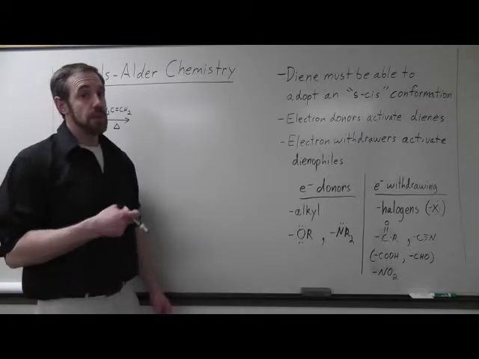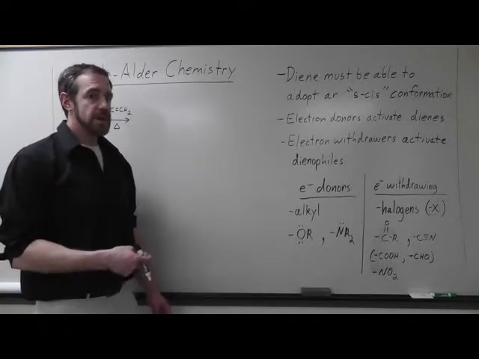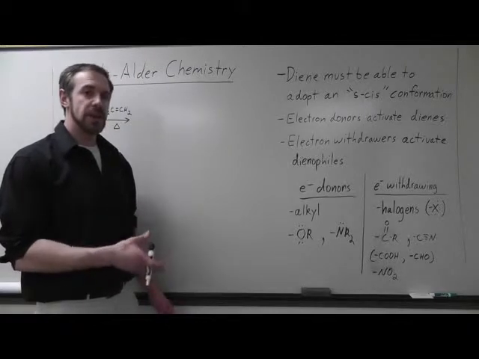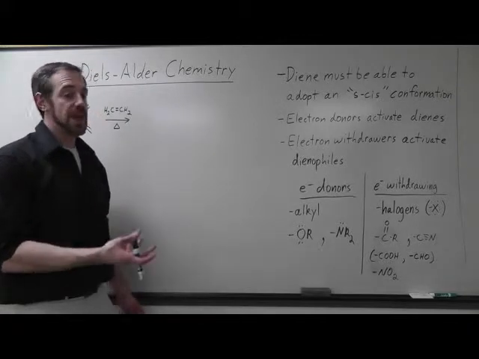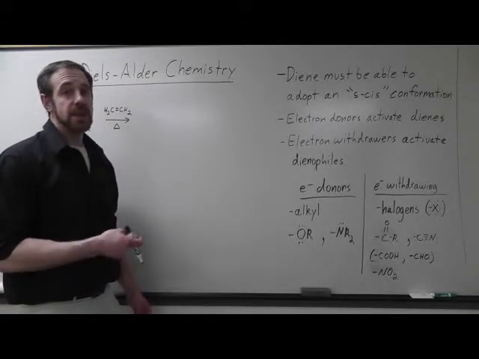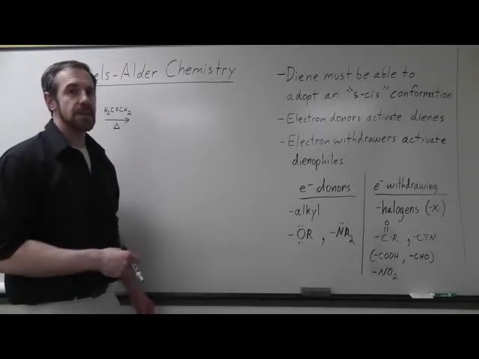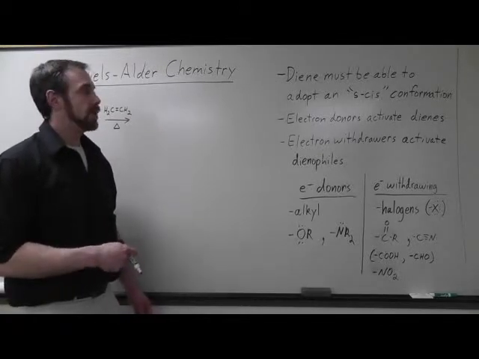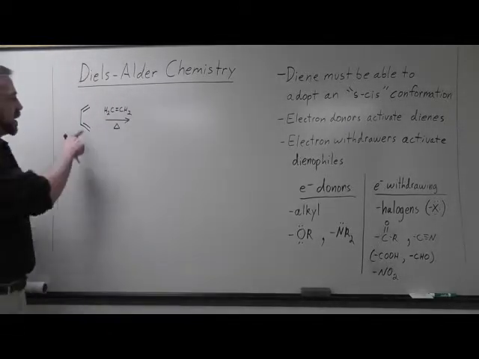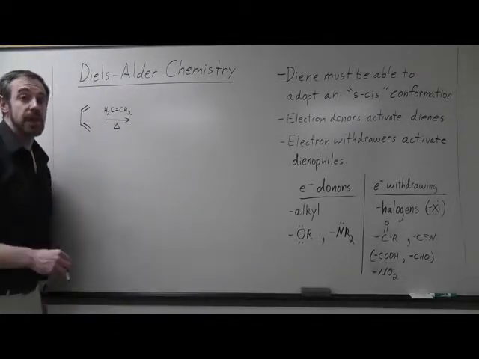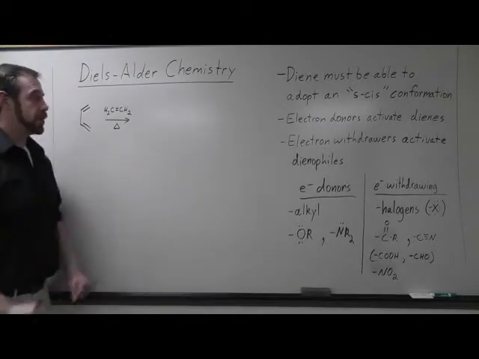So many times it won't be drawn in that S-cis conformation, but as long as it's not a cyclic structure or has some other barrier that keeps it from being able to adopt that conformation, then typically they'll undergo Diels-Alder chemistry. And we'll see an example of a problem drawn that way. This diene is in the S-cis conformation because the two double bonds are angled in the same general direction.